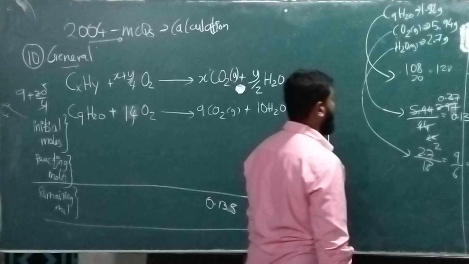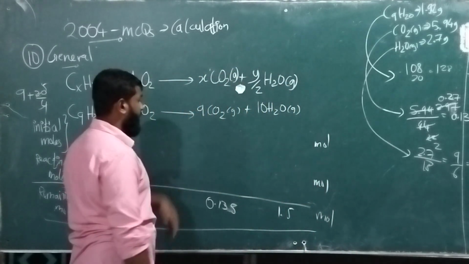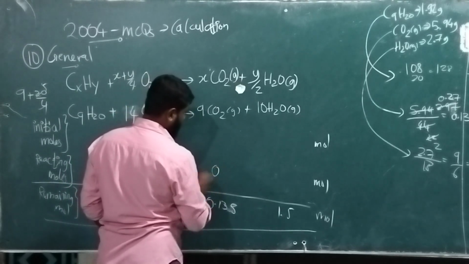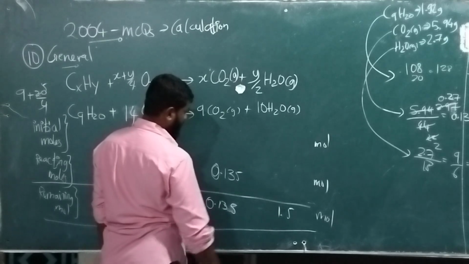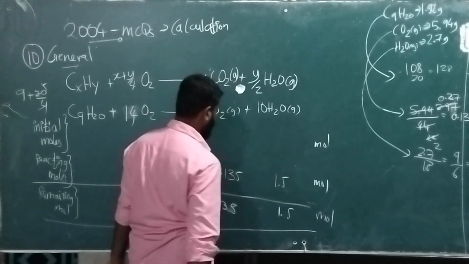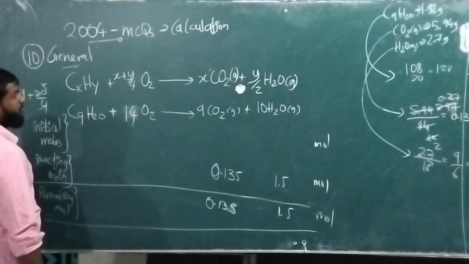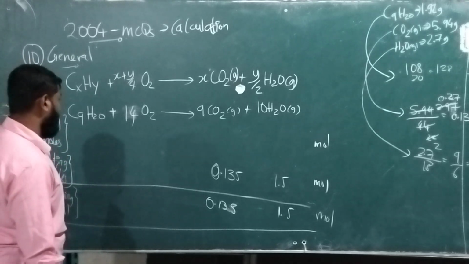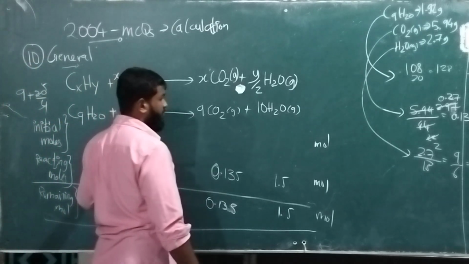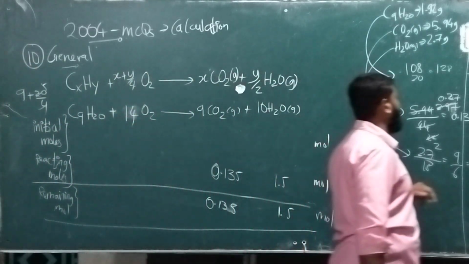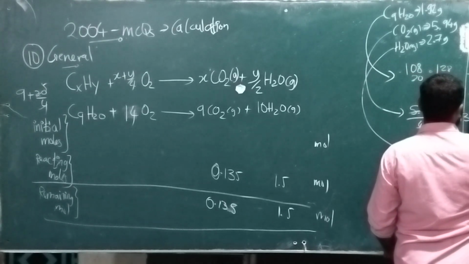Here something you have to know. This will be formed in the reacting moles, so 0.135 here, 1.5 here, right? And here initially you need to have some moles. Here it's completely reacted. That's the main thing you have to know. Here we'll get 0.01.